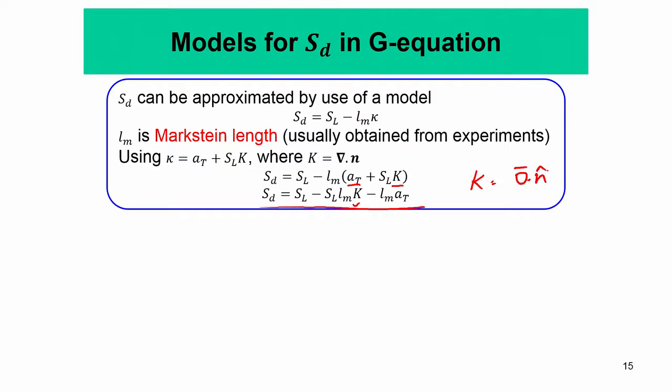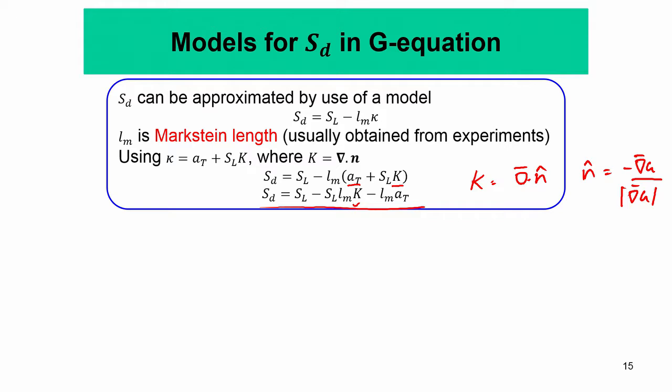So if you know the normal vector, which we have given as minus grad G divided by mod of grad G, you can find this out. A_T comes from projecting the local strain rate into the tangential direction, which you can also find from the local geometry of the flame surface given by the field G. This is how the local geometry of the surface and the local flow properties are captured in the propagation speed itself.